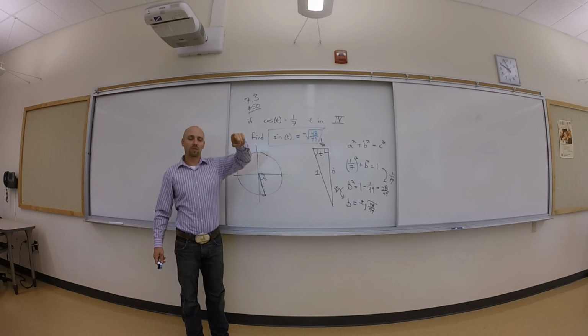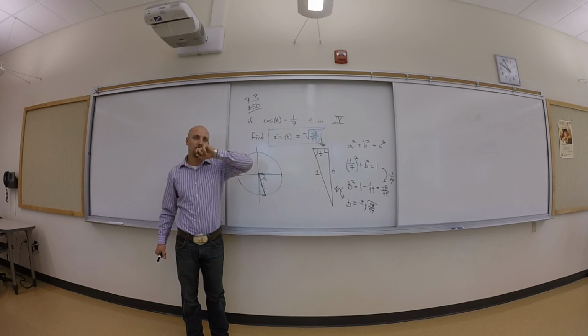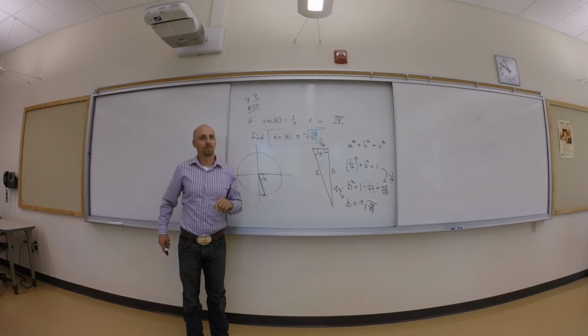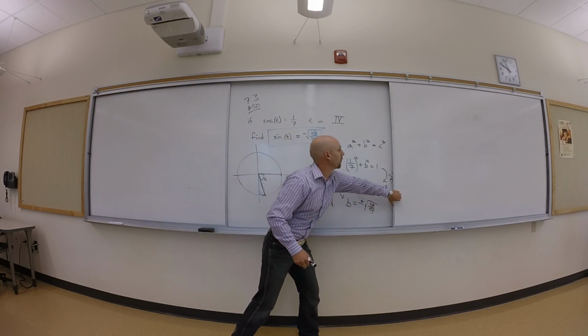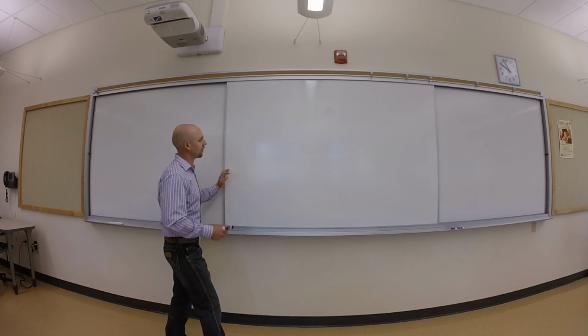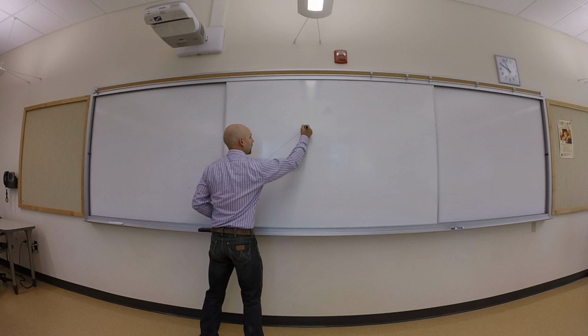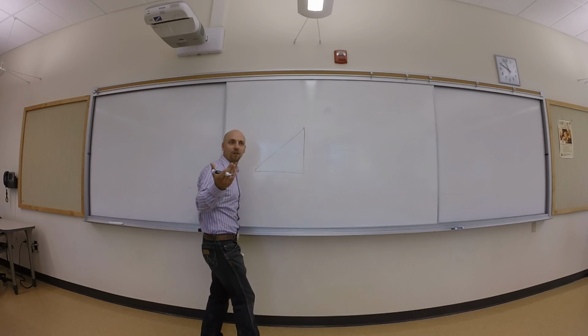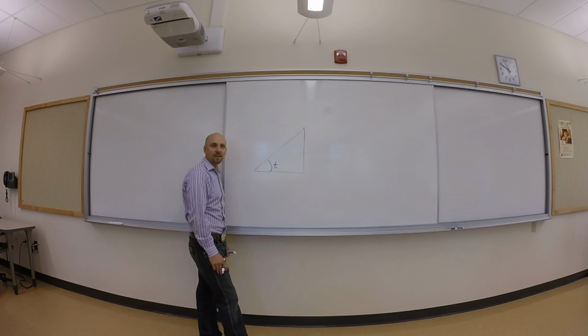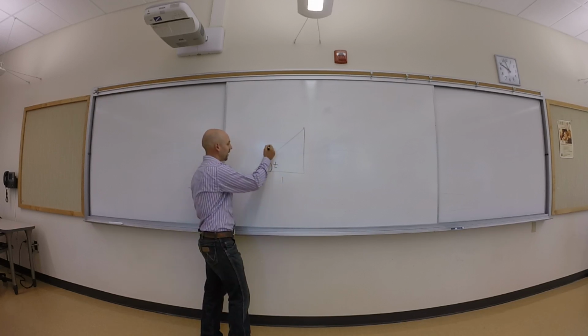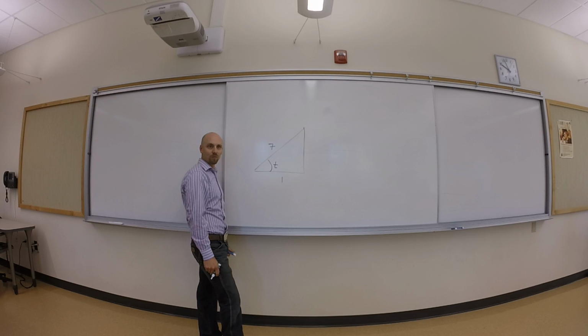I was going to say, because cosine of t would be adjacent over hypotenuse, couldn't you scale it up and make the adjacent side 1 and then the hypotenuse 7? Sure, and you would get square root of 48 or something. Yeah, so we could rewrite this whole problem as: there's some triangle somewhere in the world, and it's got an angle t in it. And I know that the adjacent side divided by the hypotenuse is 1/7.